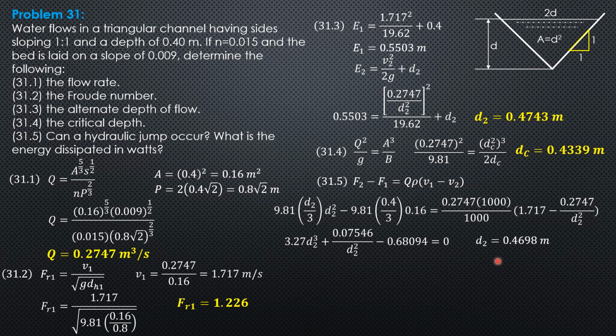So that's it for the depth after the jump. Let's now proceed to computing the head loss in the jump, which is specific energy at 1 minus specific energy at 2. So V sub 2 can now be computed.